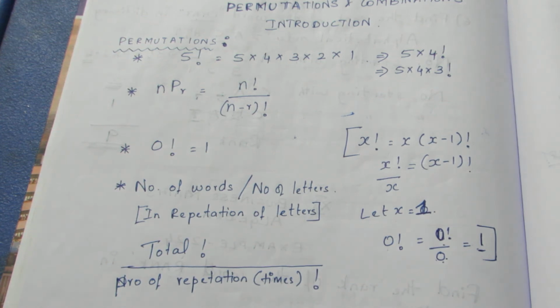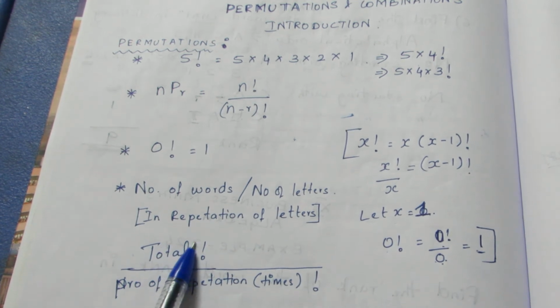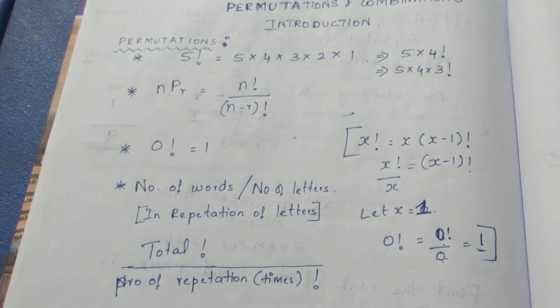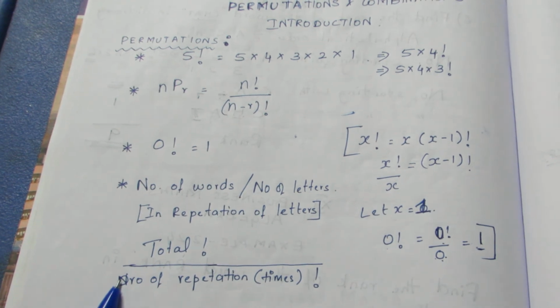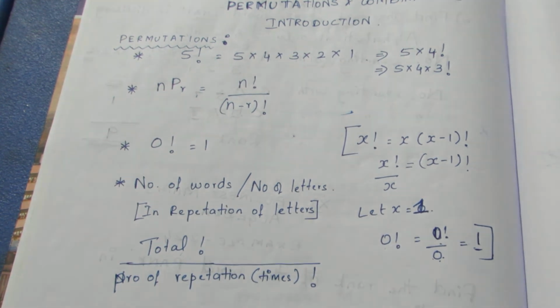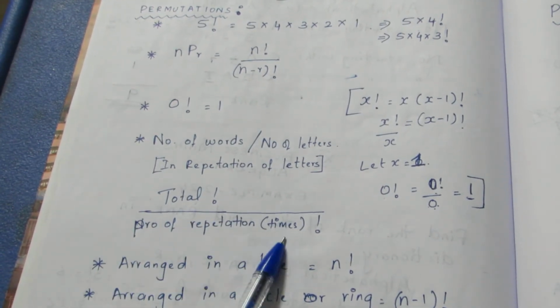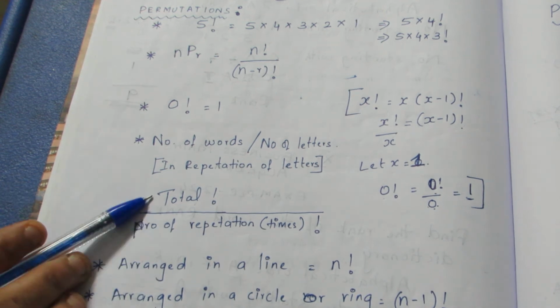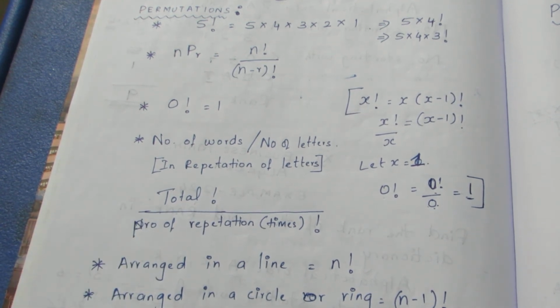If you find the letters repeated, you need to use this formula: total factorial, that is, count how many letters there are in total, divided by the product of the repetition factorials. So count the letters, see how many letters there are, and divide by the repetition factorials. If the letter S is repeated 3 times, then you need to write 3 factorial.